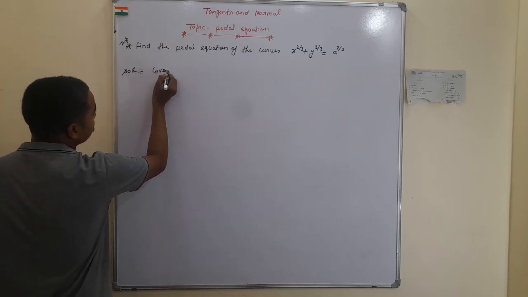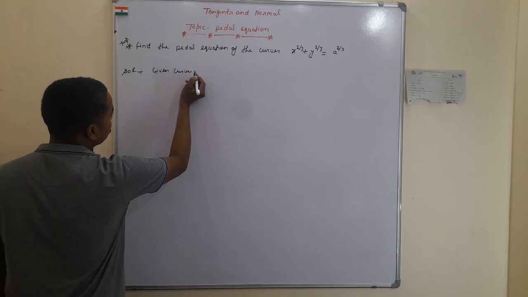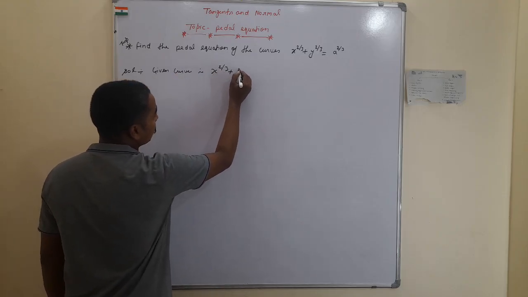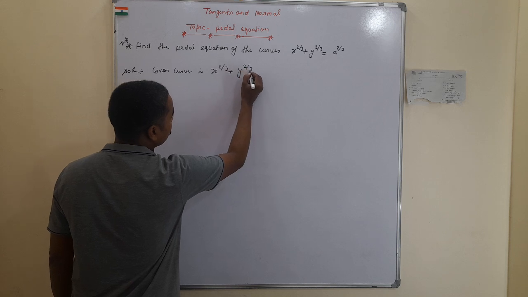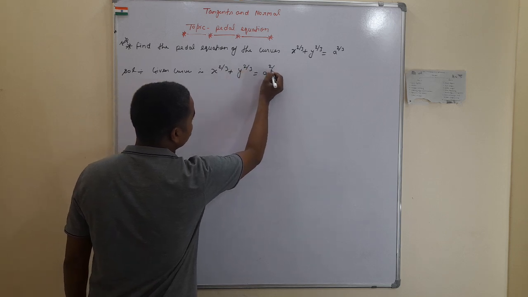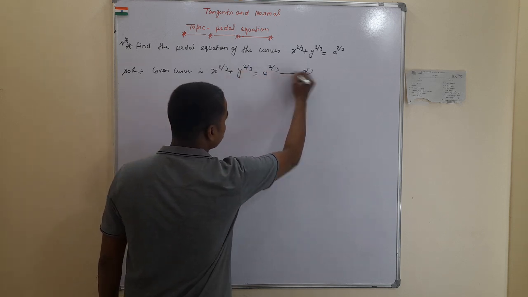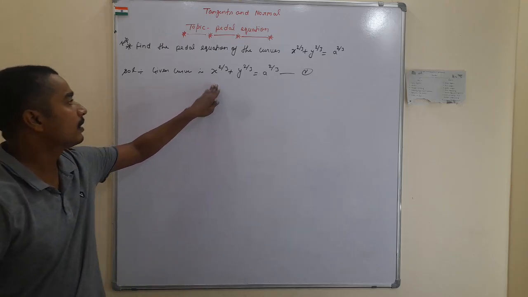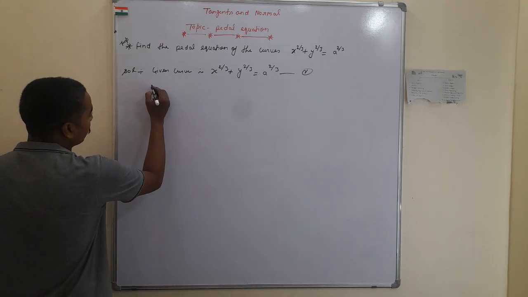Given curve is x to the power 2 by 3 plus y to the power 2 by 3 is equal to a to the power 2 by 3. This is the equation of the curve and we have to know the parametric equation of the given curve.